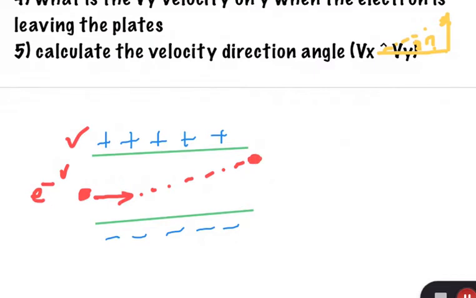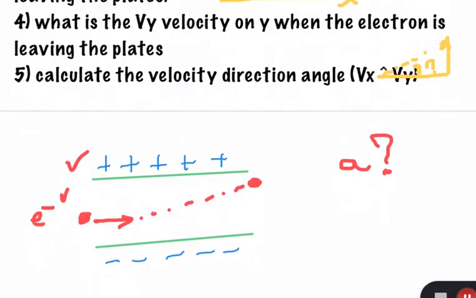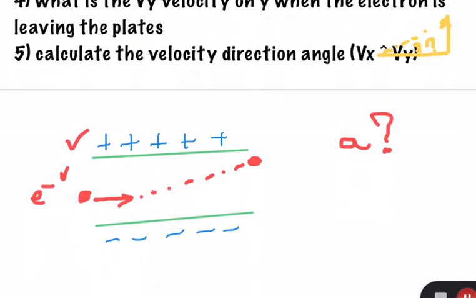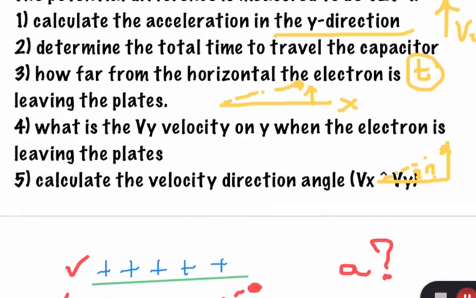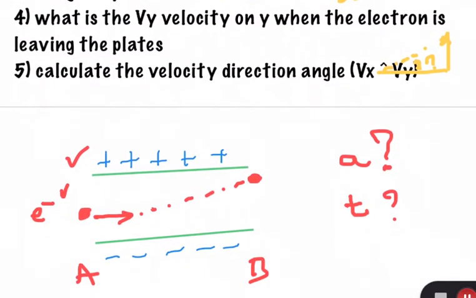So the question is, what is the acceleration of the electrons? Question number 2: determine the total time for the electron to travel this direction here, to go from, let's say, point A to point B. Question number 3: how far from the horizontal is the electron when leaving the plates?